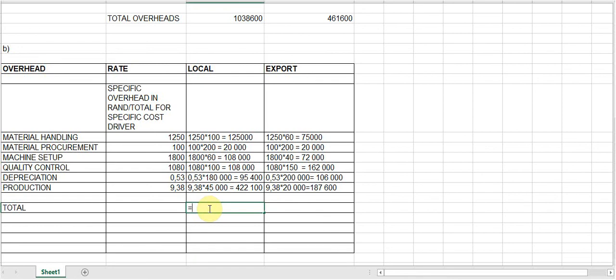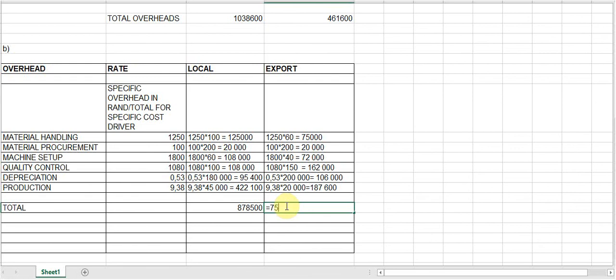Here I'm just going to say it is 125,000 plus 20,000 plus 108,000 plus another 108,000 plus the 95,400 and add to that the 422,100. The total overheads to be allocated to the local robe is 878,500.